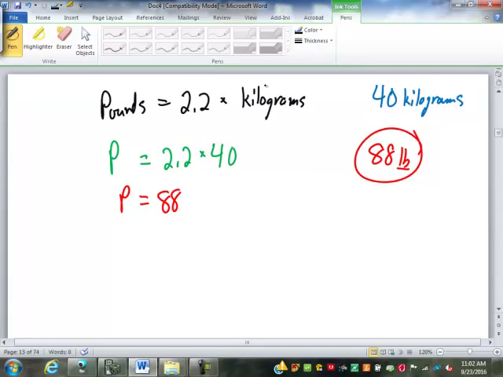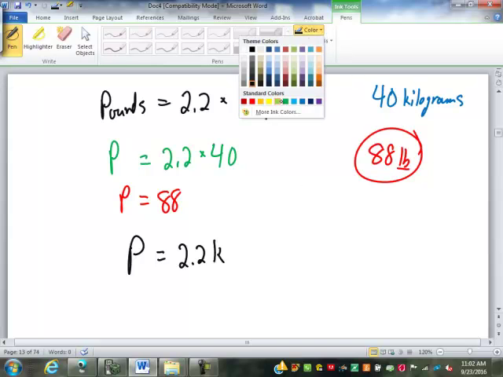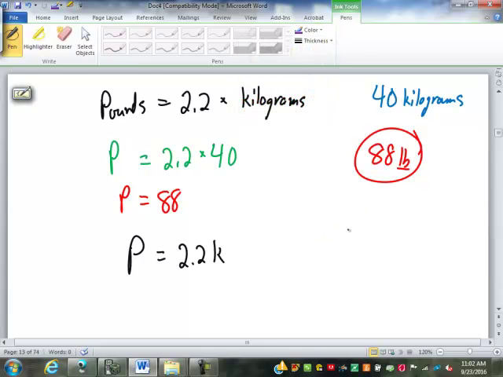We can use the formula the other direction. So we got P equals 2.2K. And for this formula, in fact, it's more often used in the other direction. So let's say we were told that the patient weighs 110 pounds. We want to find their weight in kilograms.